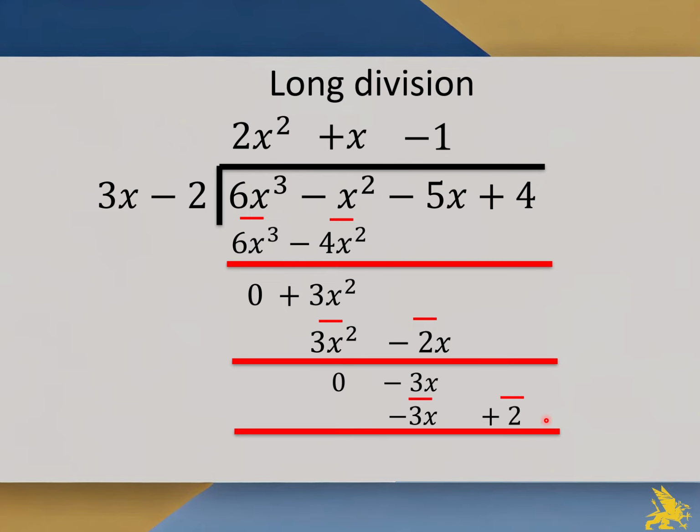I cancel that out by taking it away. That cancels this out, and this becomes 4. Take away 2 equals 2. So I've got plus 2 that still needs to be divided by 3x minus 2.